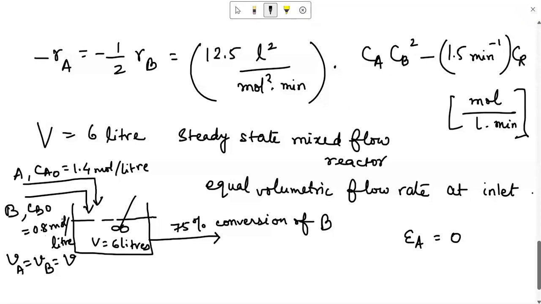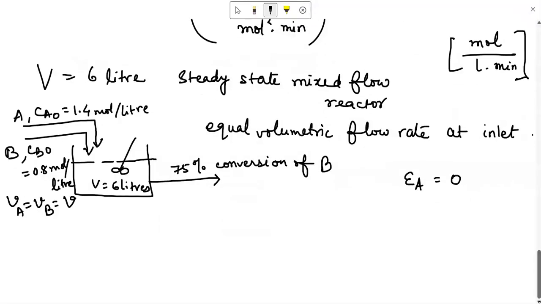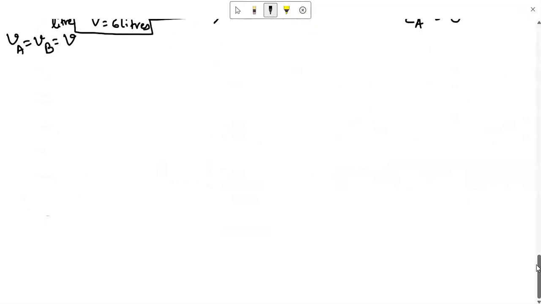So 75% conversion of B is seen. Then what will be the flow rate of each of these streams if we assume that this is a constant density system? Now let us go about solving this. Let us once again reiterate the information we have.